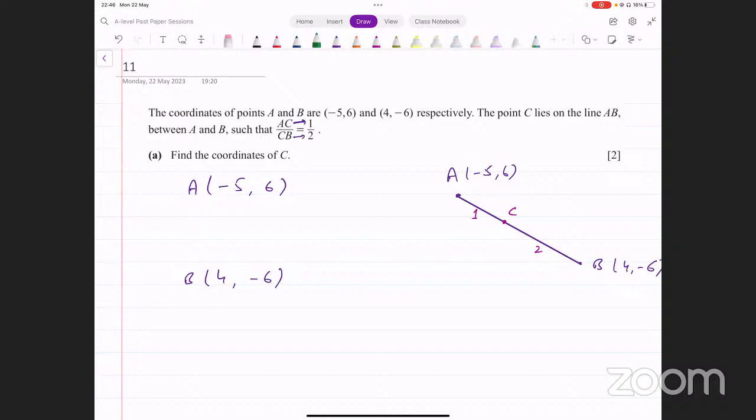What do you have to do to go from the point -5 to 4? आपको कितने यूनिट्स ऐड या सब्ट्रैक्ट करने पड़ते हैं? -5 से 4 पे जाने के लिए यू हैव टू ऐड 9 टू इट, राइट? 6 से -6 पे जाने के लिए आपको क्या करना पड़ता है? 6 में से आप 12 माइनस करेंगे तो -6 पे पहुंचेंगे. इसके लिए आपको -12 करना पड़ेगा.